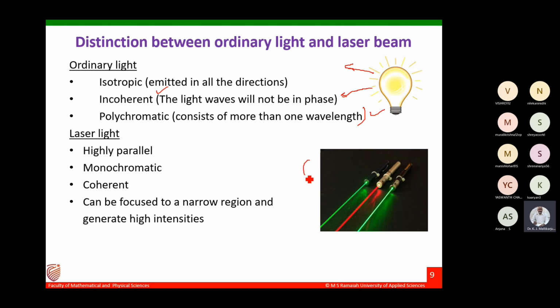Contrary to that, if I consider laser, the light rays are parallel. Usually these light rays will be of a single wavelength, which we call monochromatic, and there is a wonderful correlation between two photons moving along this length, spatially or temporally.